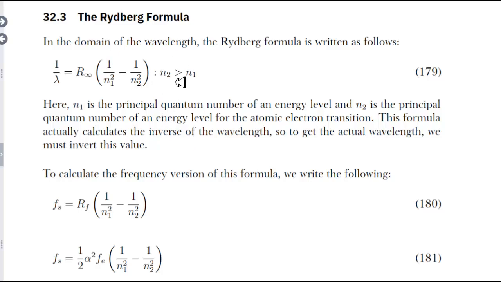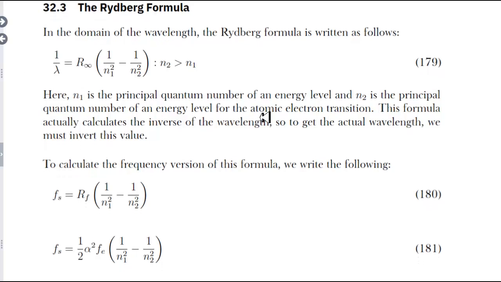And so here n2 must be greater than n1 so that this term will never become negative. This formula calculates the inverse of wavelength, obviously, and so to get the actual wavelength we need to invert this value.